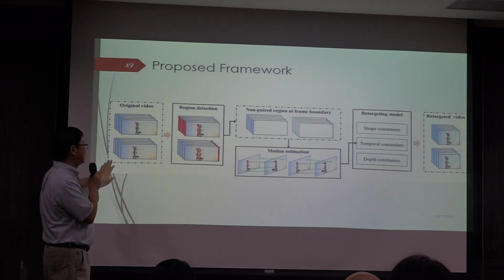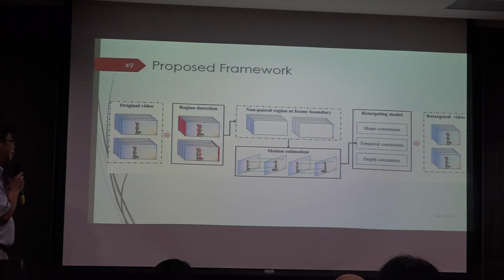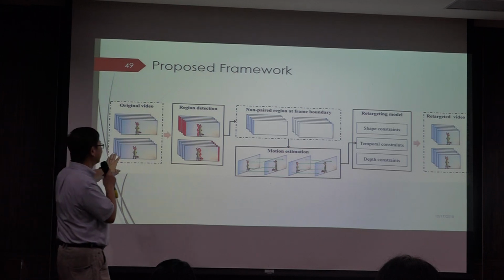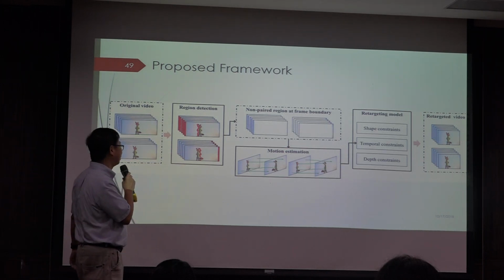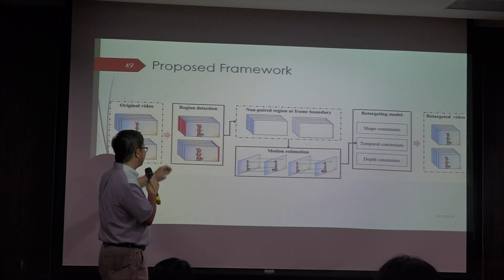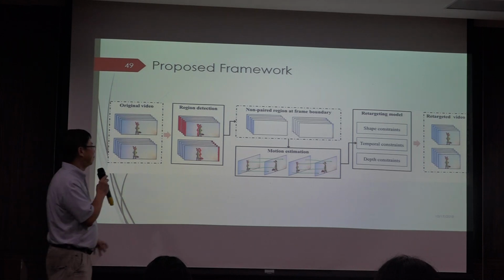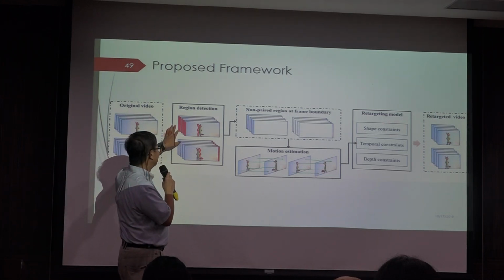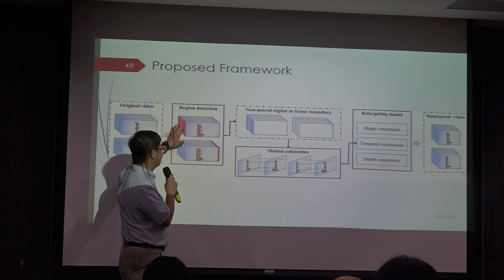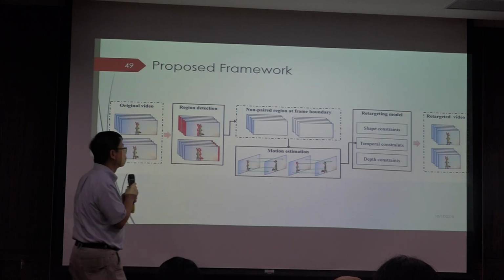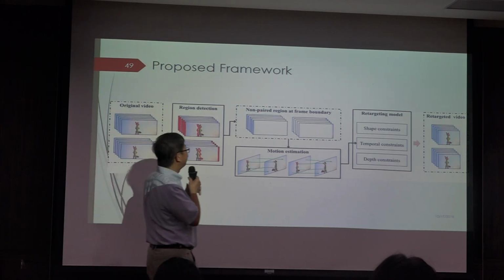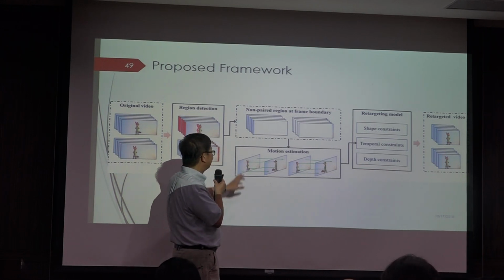Based on this observation, we can do constraint relaxation on those boundary non-paired regions. Given an original stereo video, we do region detection and classify the regions in the stereo video into paired regions and non-paired regions. Then we further locate the boundary non-paired regions, which means those non-paired regions at the frame boundaries.